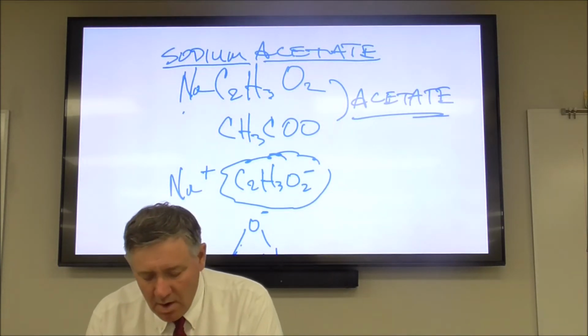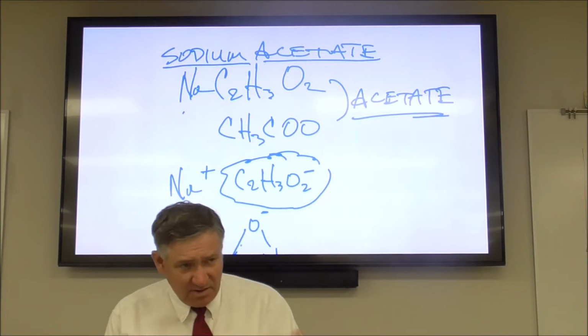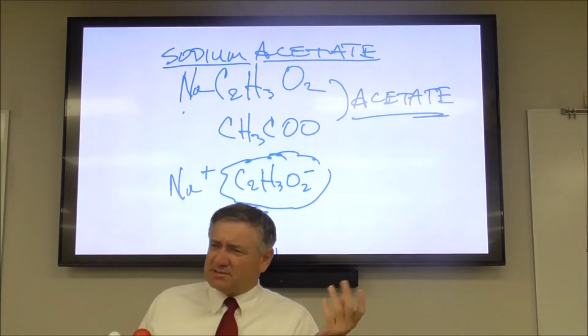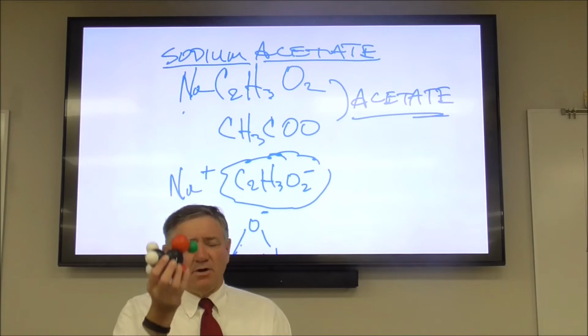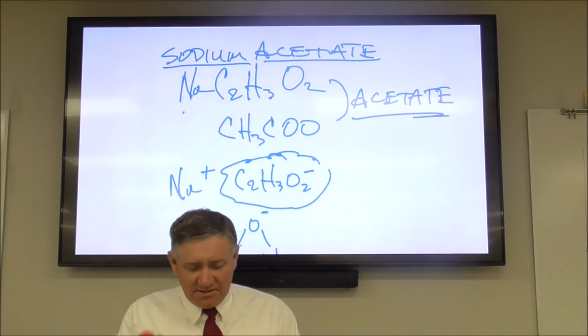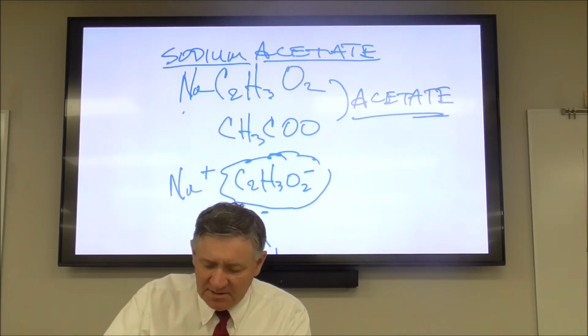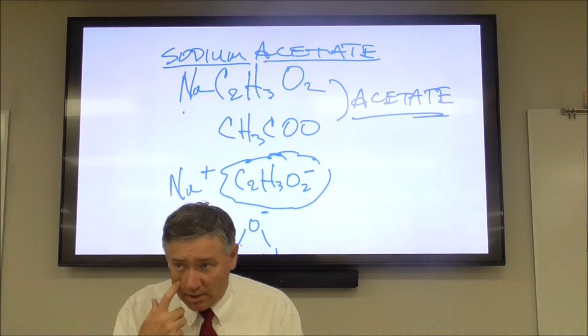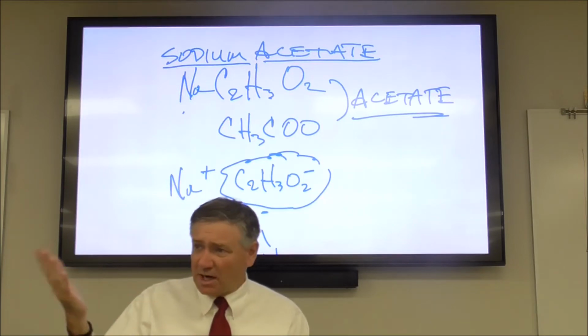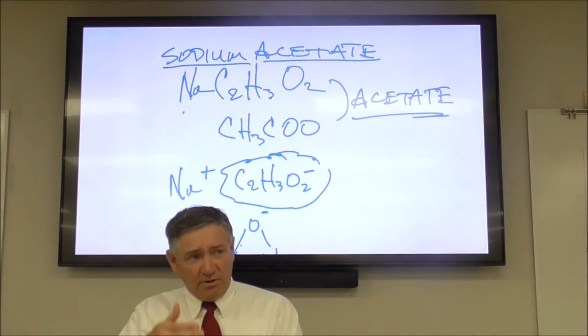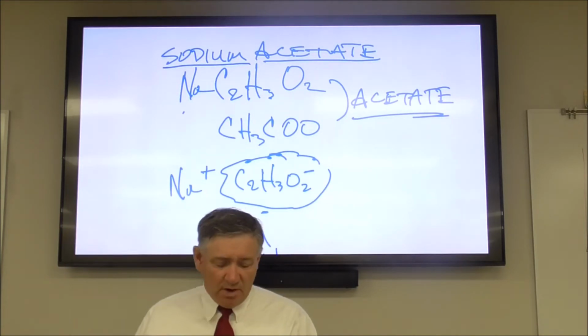So, sodium acetate is like a white powder. It looks like salt, okay? So, we've got this sodium acetate. And you'll see that sodium acetate is soluble in water. What that means is that it dissolves. Okay, we talked about that before. If something's soluble, that means it dissolves in water.